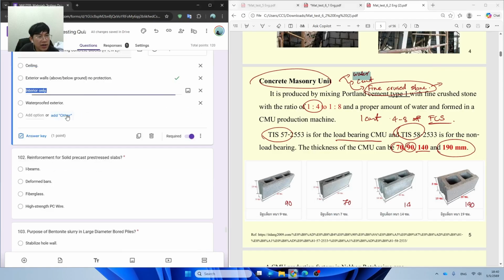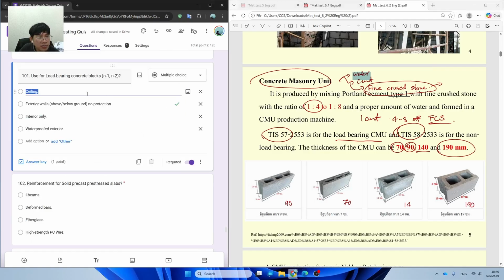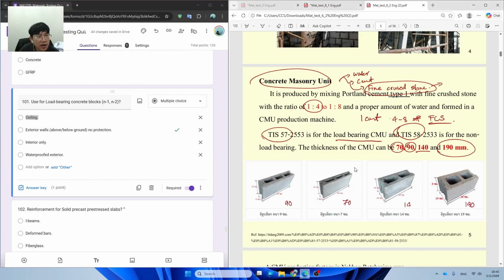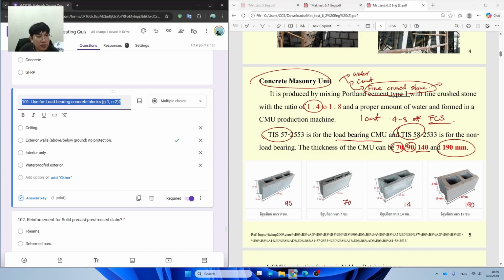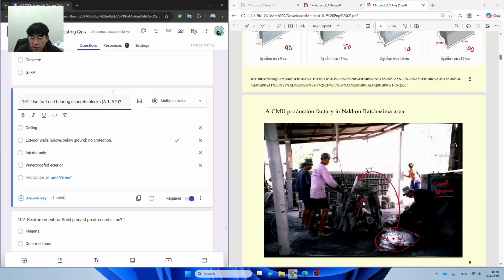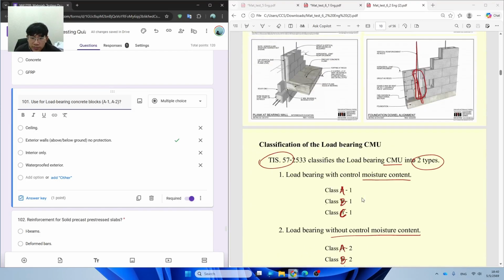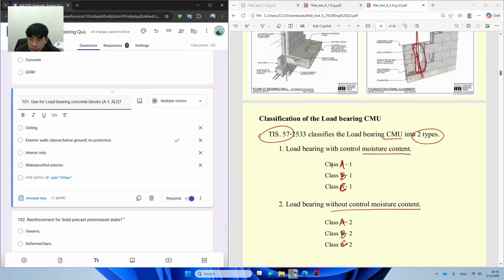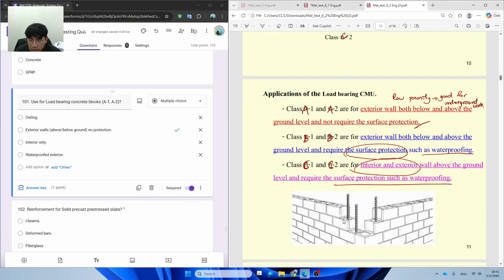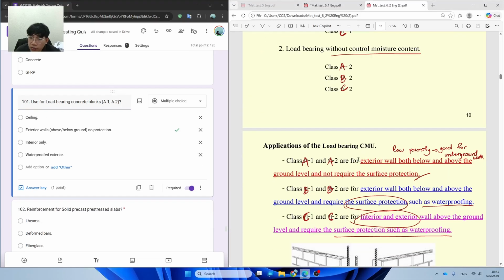If you look at the concrete block with the grade of A1 and A2, this one is supposed to be A1 and A2. It's a grade that is really good for use everywhere. You can use it above the ground and under the ground without a surface protection.